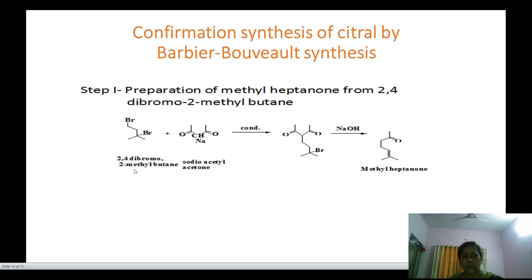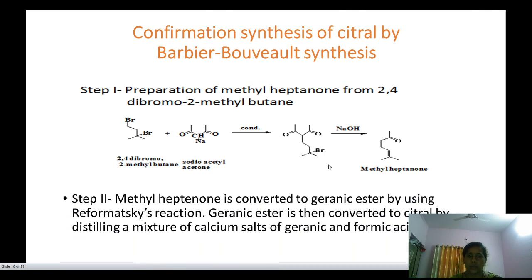On reaction with sodium acetoacetate, a condensation reaction takes place, that is the removal of a water molecule, and there is formation of methyl heptenone.